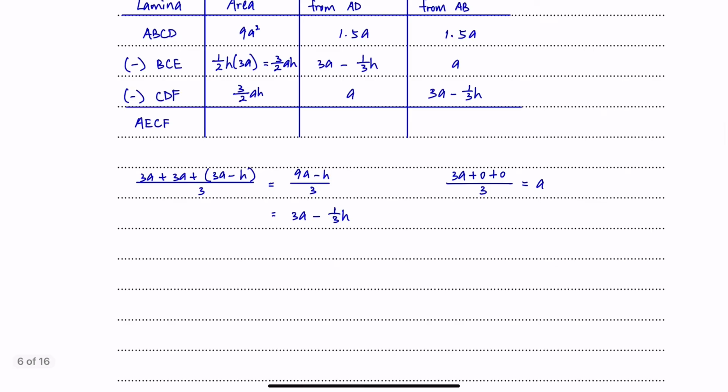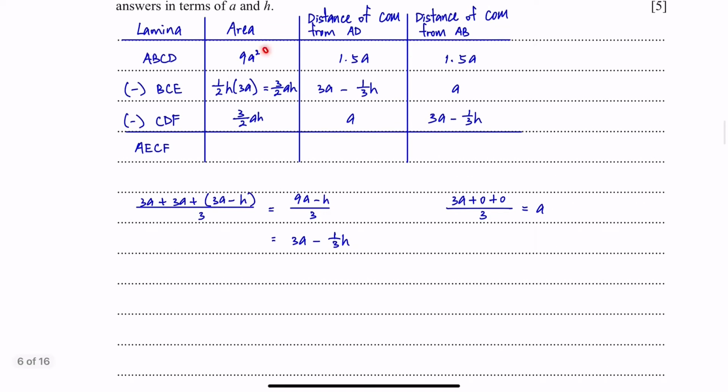So now we need to look at the lamina AECF. The area of AECF is just 9A squared minus 3 over 2AH minus 3 over 2AH, so it would be 9A squared minus 3AH. As for the distance of COM from AD, let's call this X bar and Y bar.